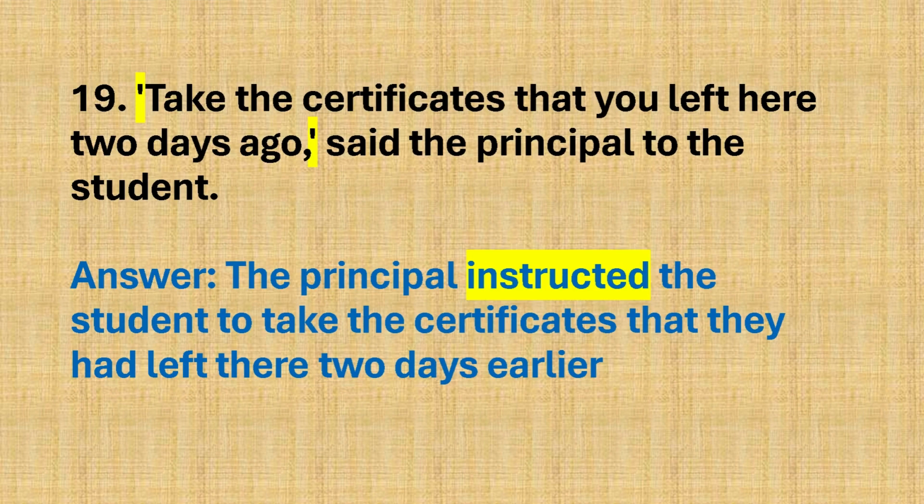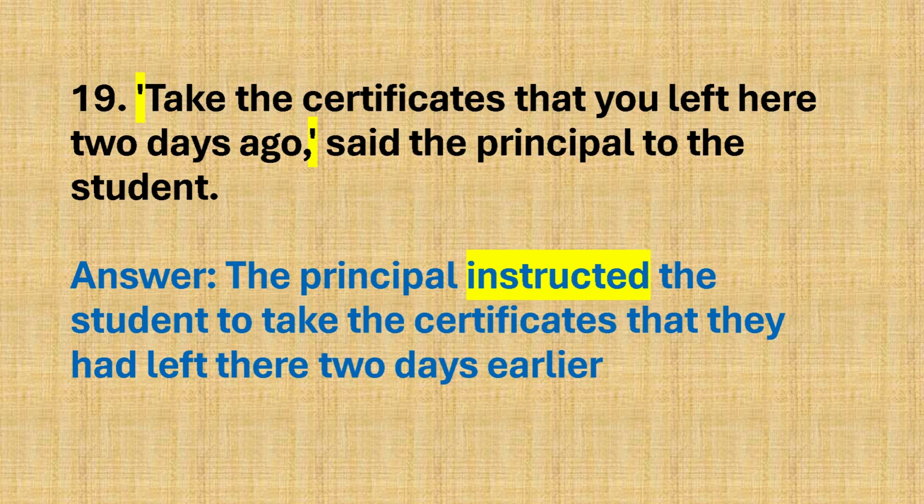Take the certificates that you left here today. Take the certificates that you left here 2 days ago, said the principal to the student. Answer: the principal instructed the student to take the certificates that they had left there 2 days earlier. In the above sentence, instructed is used instead of said since it is a directive or command. You changes to they to reflect the third person perspective.